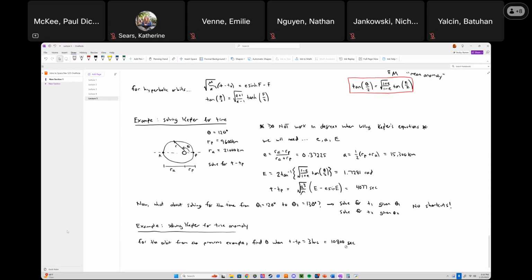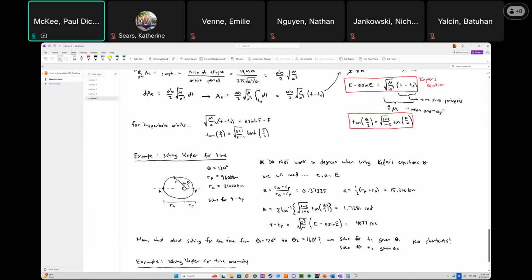Okay. So let's look at Kepler's equation then. E minus e sine E is square root of mu over a cubed times T minus T naught.